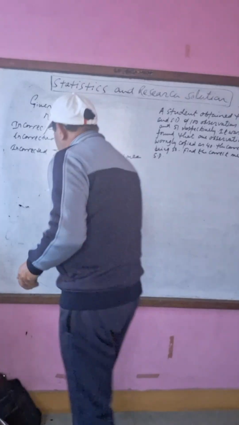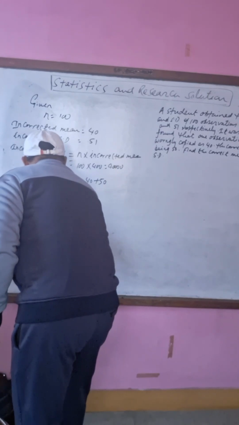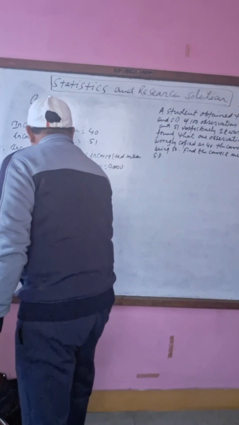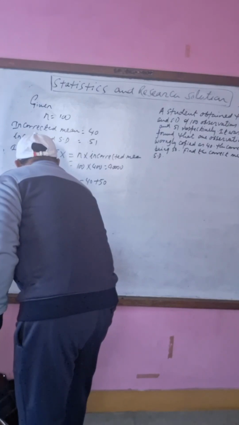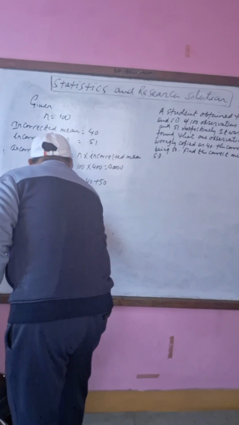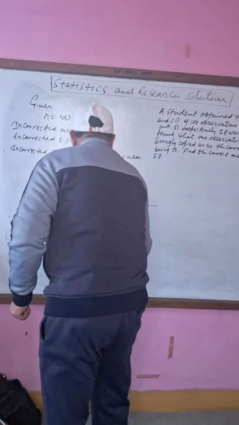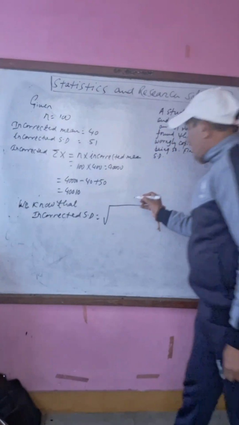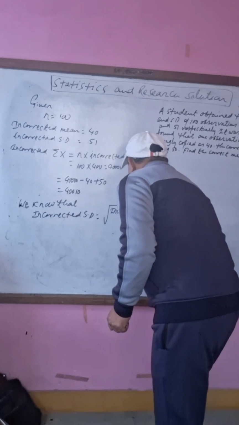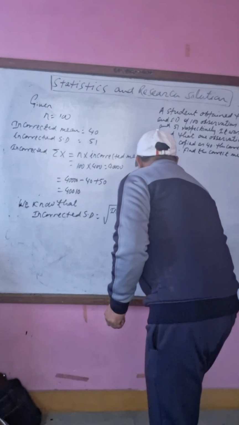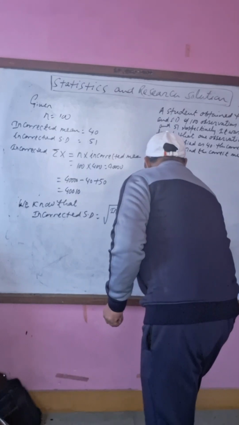Now we know that the incorrect standard deviation is equal to the square root of the incorrect summation x square upon n minus the incorrect x bar whole square.